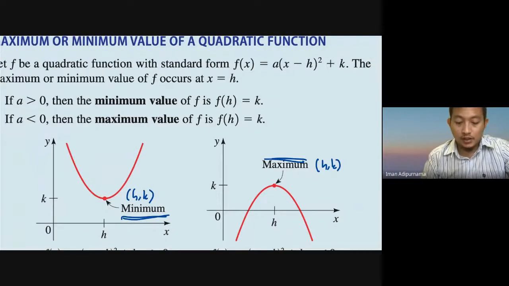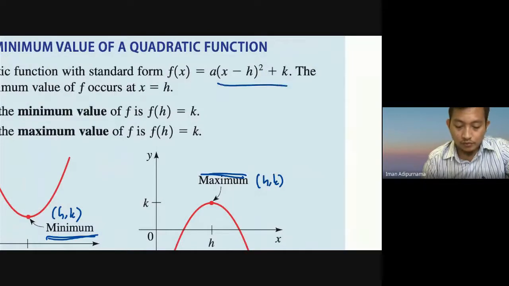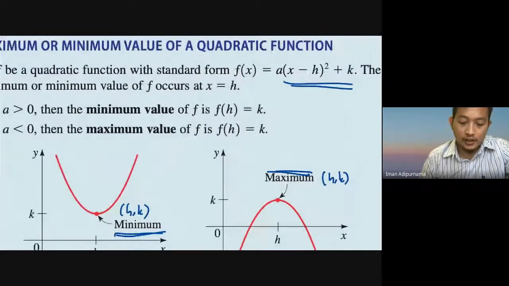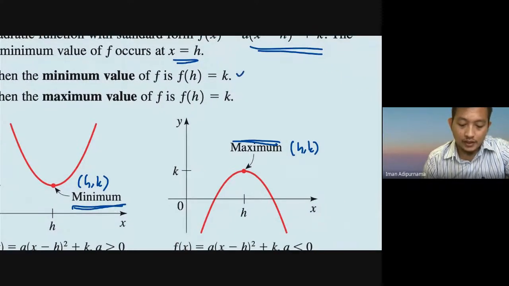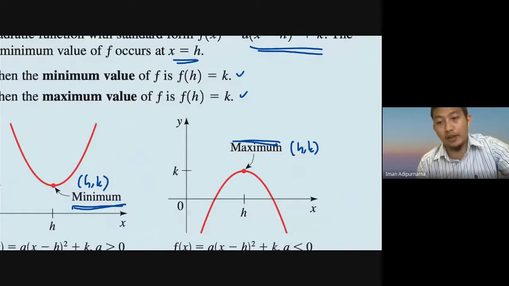Remember, we have the standard form that includes the h and k, and based on the graph, the minimum or maximum is occurring when x is equal to h, right? So k is the minimum or maximum value, right?